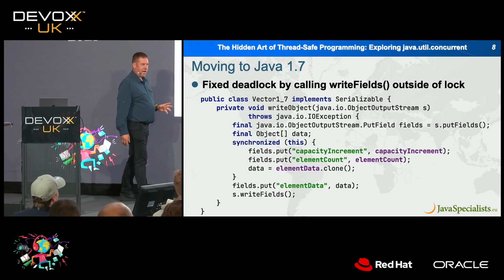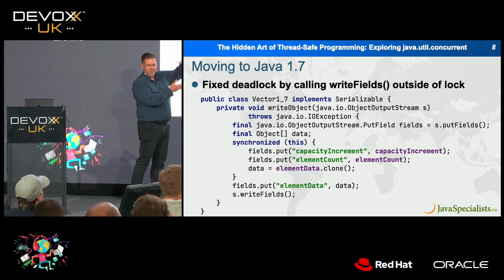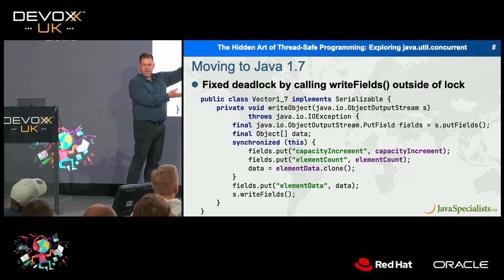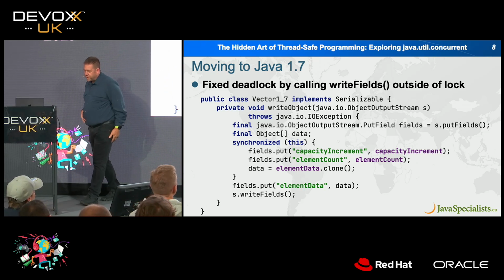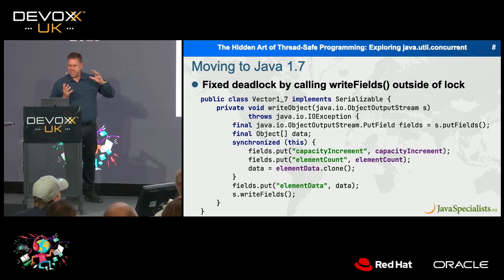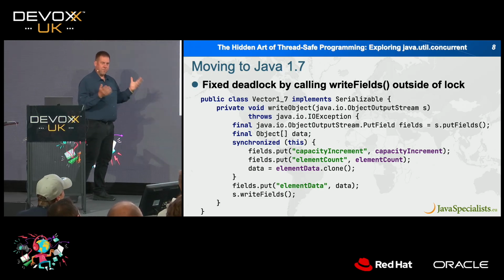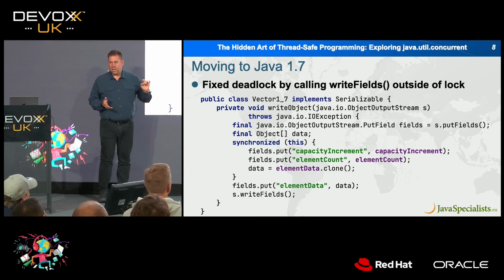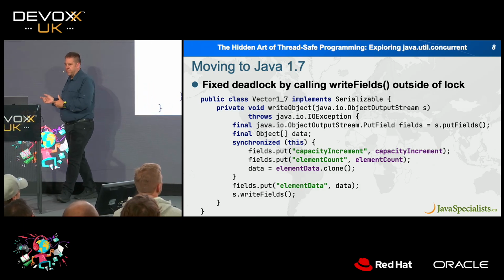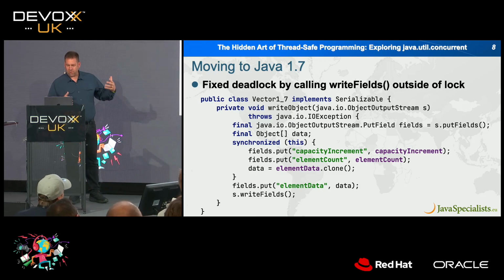So they fixed this by making a copy of the details of the vector, putting them into a PutField object, and then once that's done, they would write out without holding the lock. And that's the principle that you don't want to call a method that doesn't belong to you whilst holding a lock, such as writeFields.